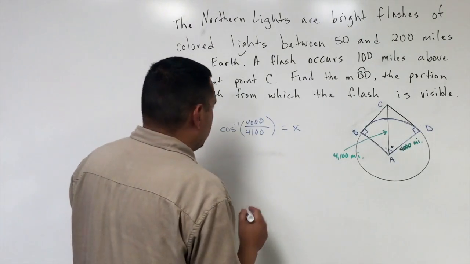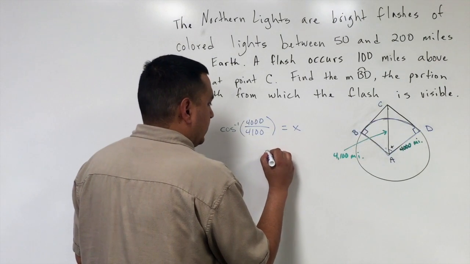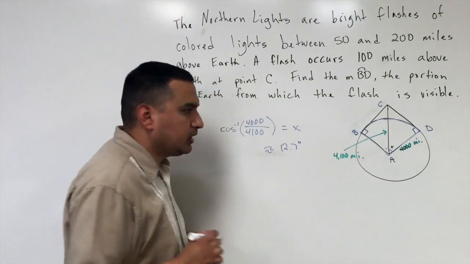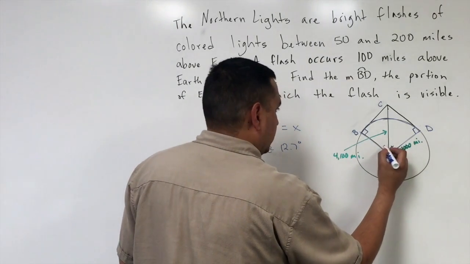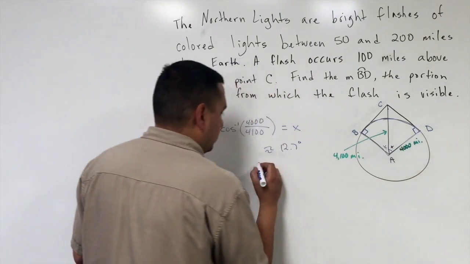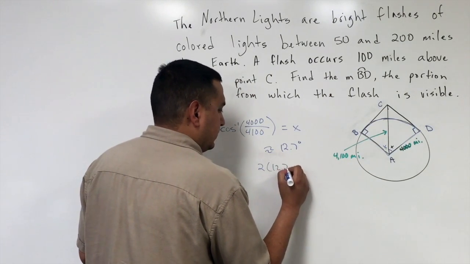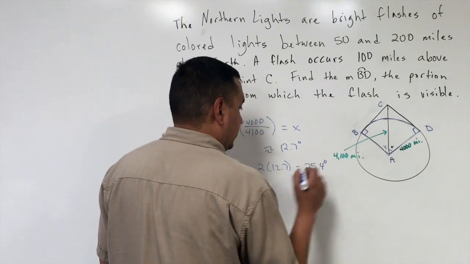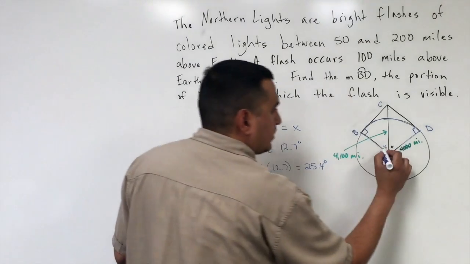Putting this in the calculator rounds out to about 12.7 degrees. Remember, we're doubling it, so this is x as well. So 2 times 12.7 is about 25.4 degrees, which is this angle here.